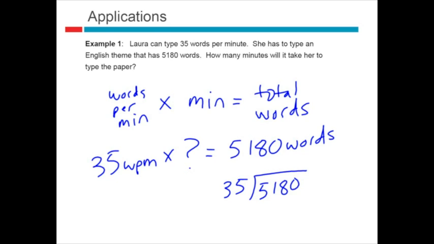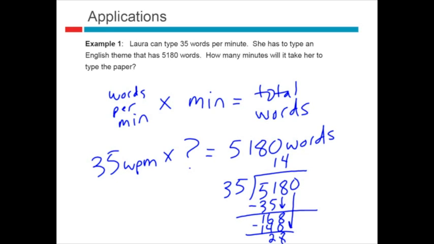35 goes into 51 one time. Subtract and we get 16. Bring down the 8. 35 will go into 168, not exactly sure how many times. Maybe 4 times? We can fix this if it's not correct. 4 times 35 is going to end up being 140. Subtract 168 minus 140 and we get 28.